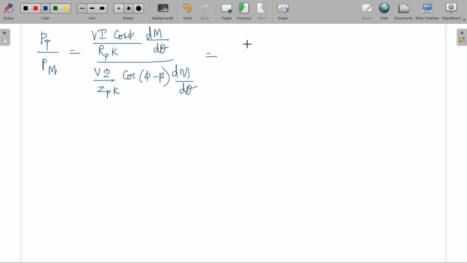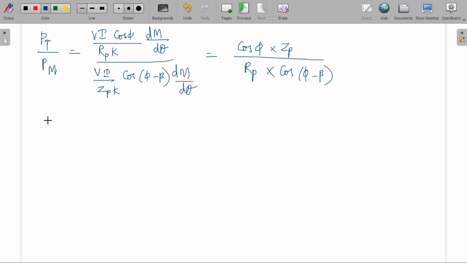So the ratio is cos phi by cos phi minus beta into Zp by Rp.